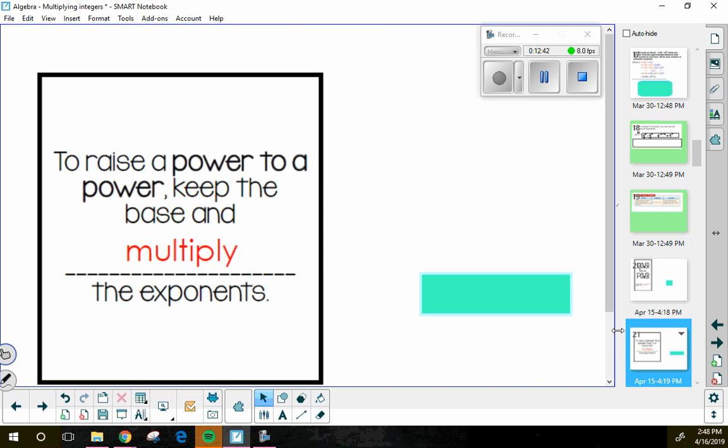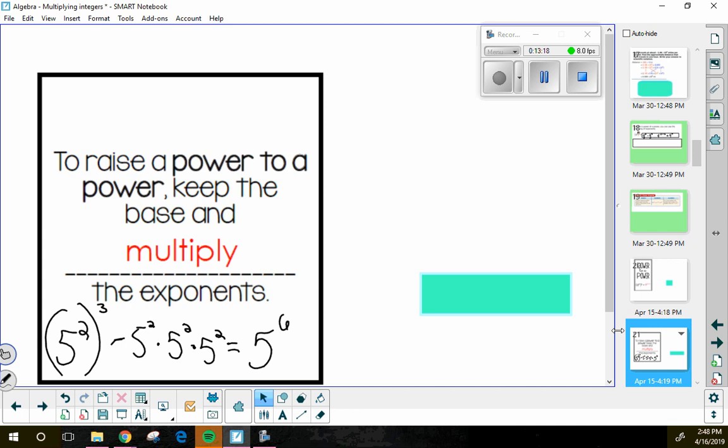We're going to do an example of one that we just kind of did. 5 squared to the third power, and I wrote mine really tiny right here, is equal to 5 squared times 5 squared times 5 squared. What did we just learn to do with all the exponents? Add them together when we're multiplying them and they have the same base. So that's going to be equal to 5 to the 6th, or 5 to the 2 times 3.